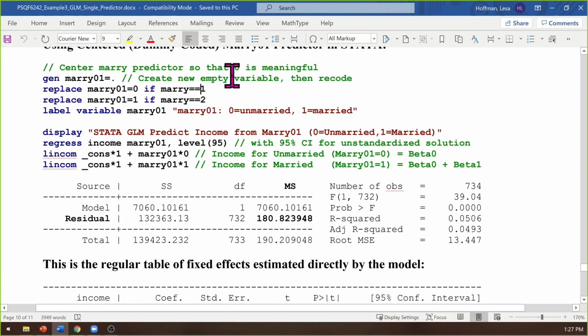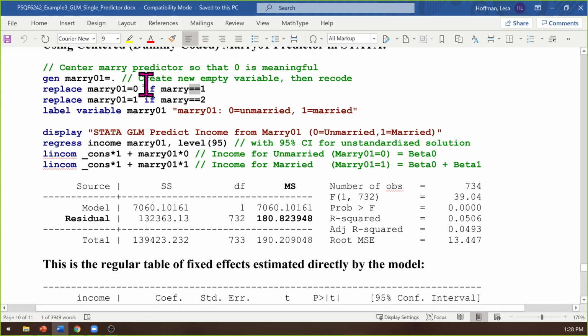And the other thing is these two equal signs, that's not a typo. Stata has two different versions of equal. If it is one equal sign, that means make it that way, so turn this into a 0. And if it's after an if, then this is evaluating an equality. So if Mary equals 1 is evaluating that as being true or not.